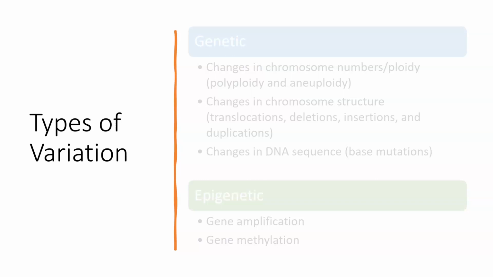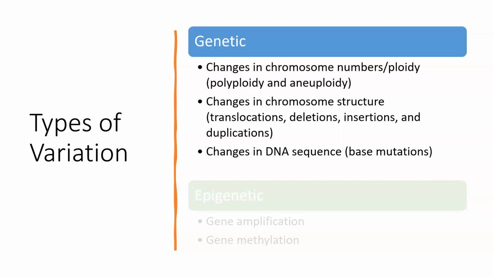Somaclonal variation can be genotypic or phenotypic, which in the latter case can be either genetic or epigenetic in origin. Typical genetic alterations are changes in chromosome numbers, which include polyploidy and aneuploidy, chromosome structure caused by translocations, deletions, insertions and duplications, and DNA sequence changes resulting from base mutations.